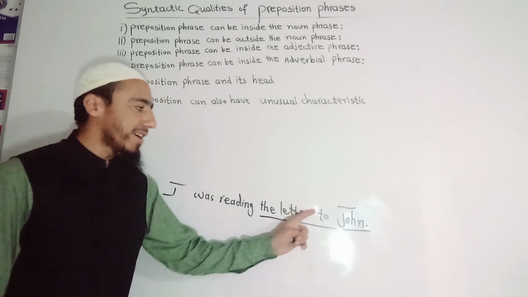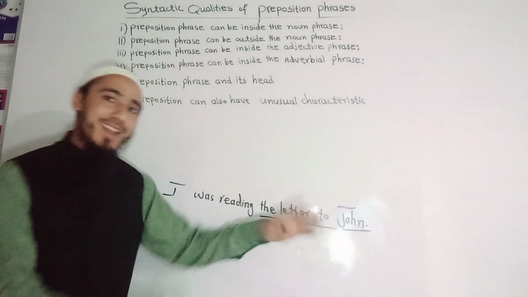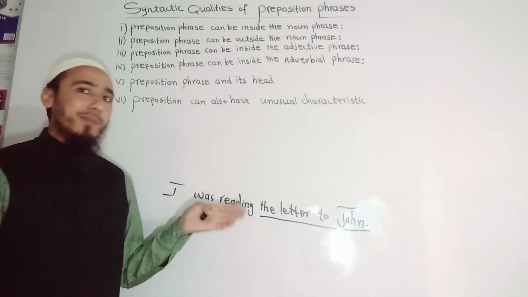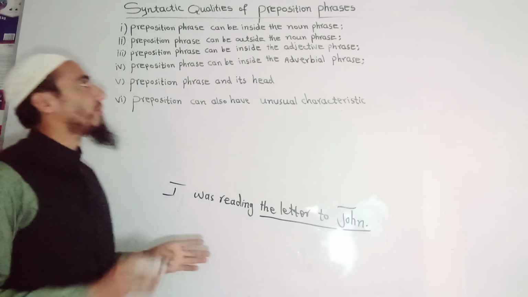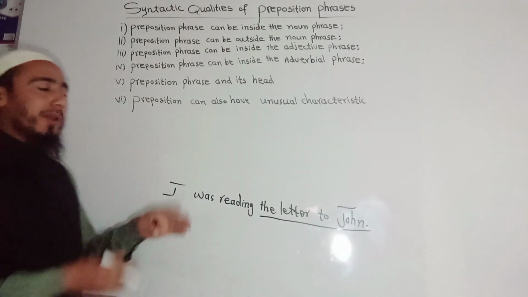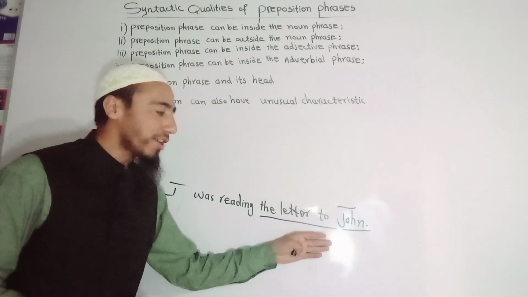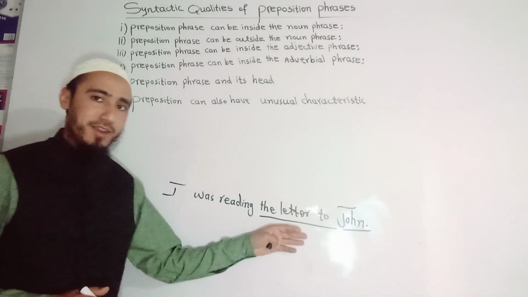So here you see the structure of the prepositional phrase. It is inside the noun phrase. As I said, a preposition phrase can be found inside the noun phrase. So here it is inside the noun phrase. So this is one meaning.